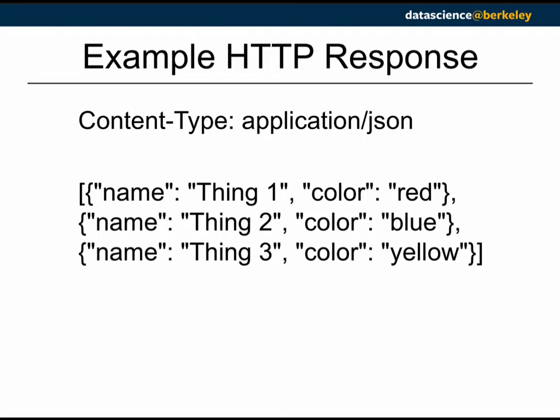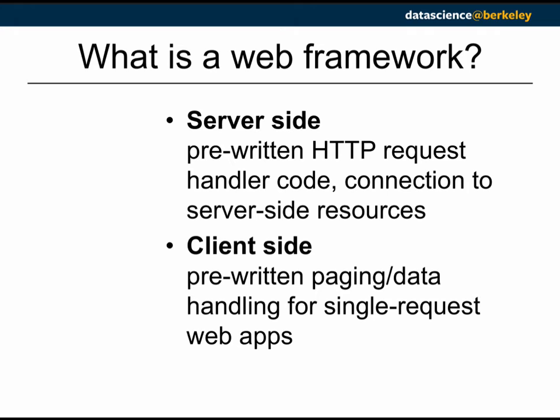So we can think about the frameworks in two different ways. Those are both server side and client side. A server-side web framework does what we've been talking about. It takes HTTP requests and it connects to server-side resources. If we're running a Python server, for example, it'll get the request header, the request itself, and you'll be able to run some code.